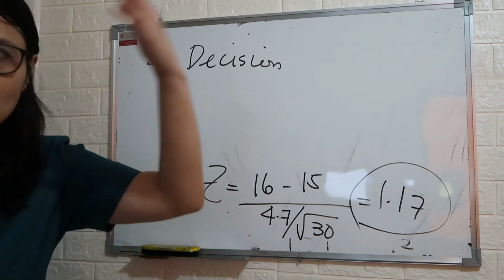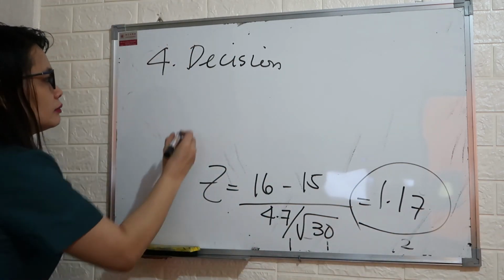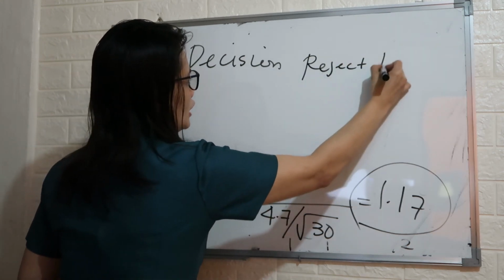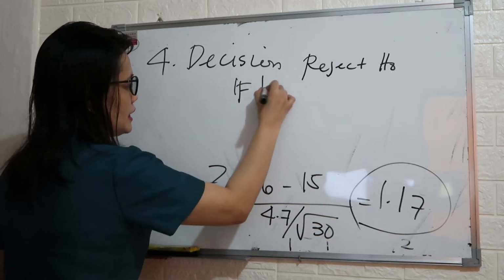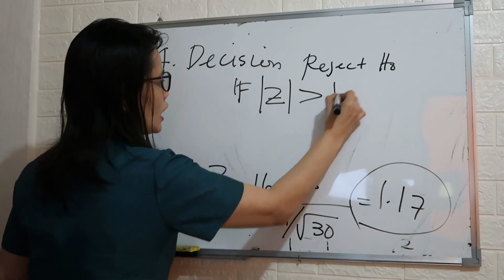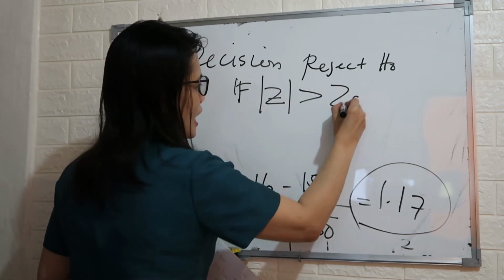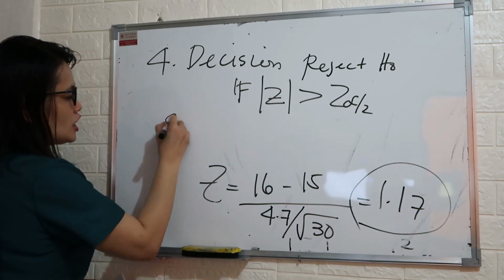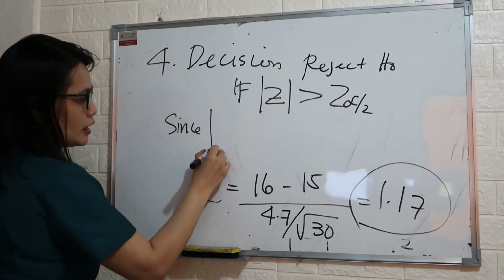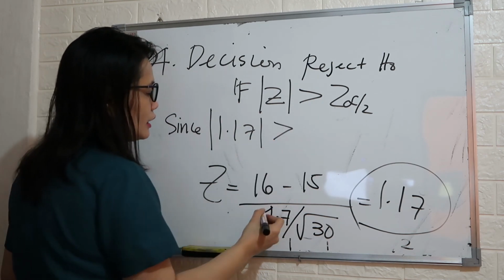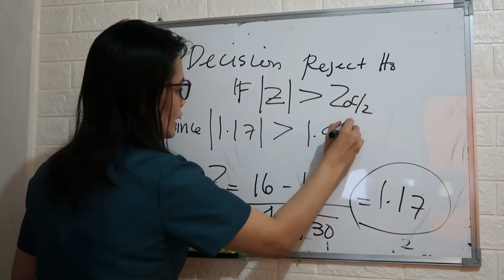Going back, what is our decision? Reject H0 if the absolute value of z is greater than 1.96, or greater than z alpha over 2. Since your given is 1.17, is it greater than 1.96?